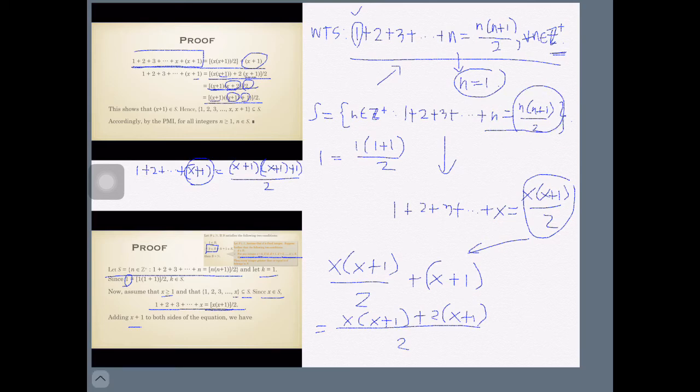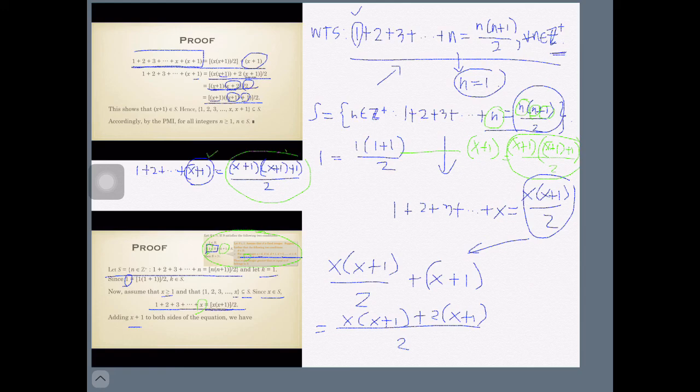Look, if we change this to x plus 1, this would also be x plus 1 times, this would still be x plus 1, then we still have plus 1 all over 2, and this would just be this, which is in line with these presentations of PMI, either of them, that if we assume that it works for x, or if it works for k, it would also work for k plus 1 or x plus 1.